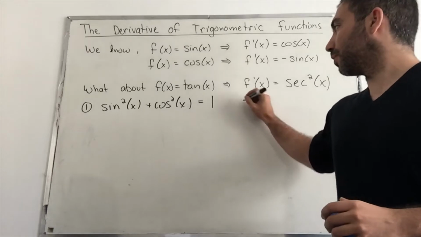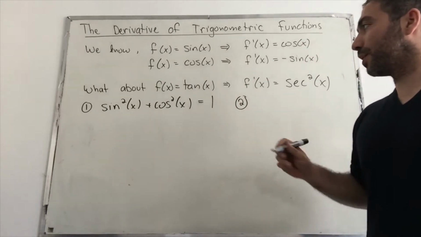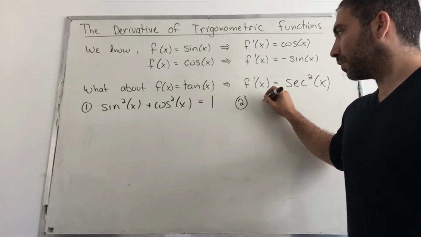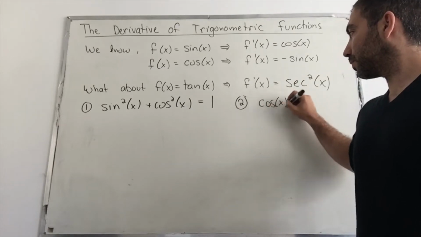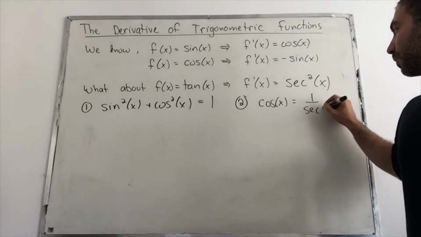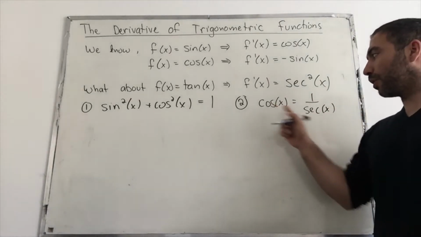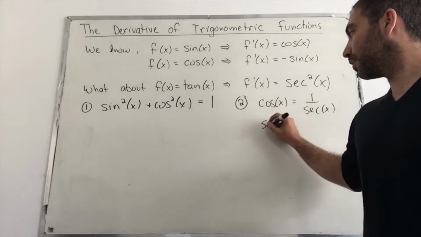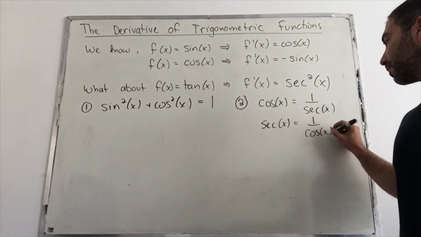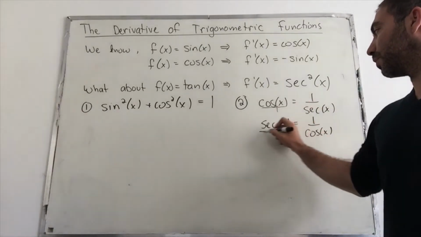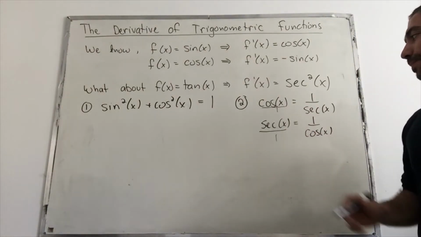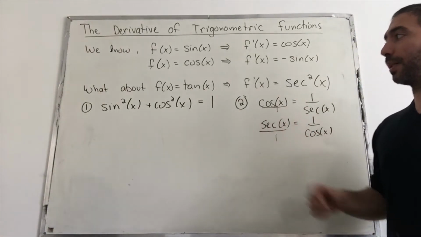And the second property you should have seen in high school is that the reciprocal of cos is 1 over secant. And if you cross multiply, it's equivalent to saying that secant of x is equal to 1 over cos. You could think of this as over 1, this is over 1, and essentially you cross multiply. So these are equivalent. Keeping this in mind, let's go ahead and see the proof.